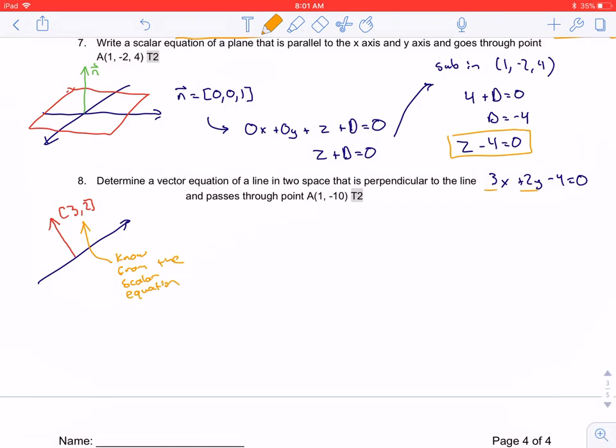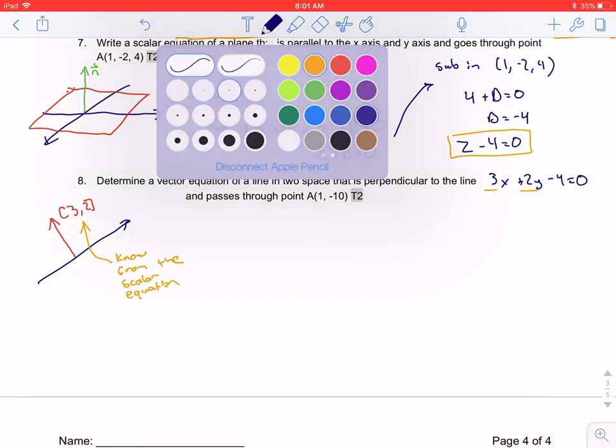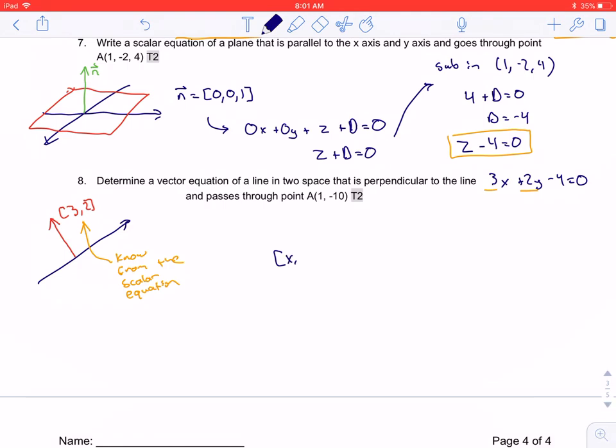So when we want to write our equation, x, y is going to be equal to the point it's giving us, which we can sub in as 1, negative 10, and then we need a direction vector. The direction it will be in is 3, 2, because we know that is perpendicular to the line that's given to us. Okay, so that's page 3.